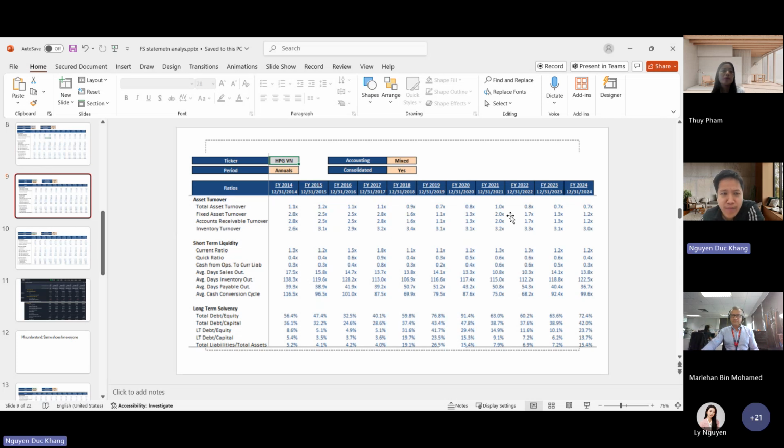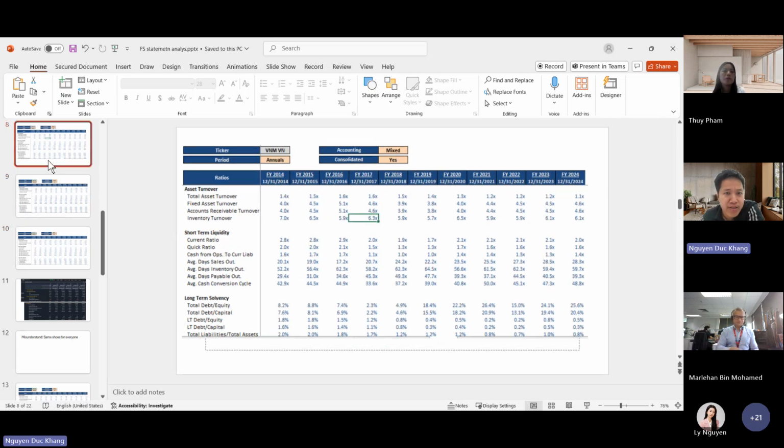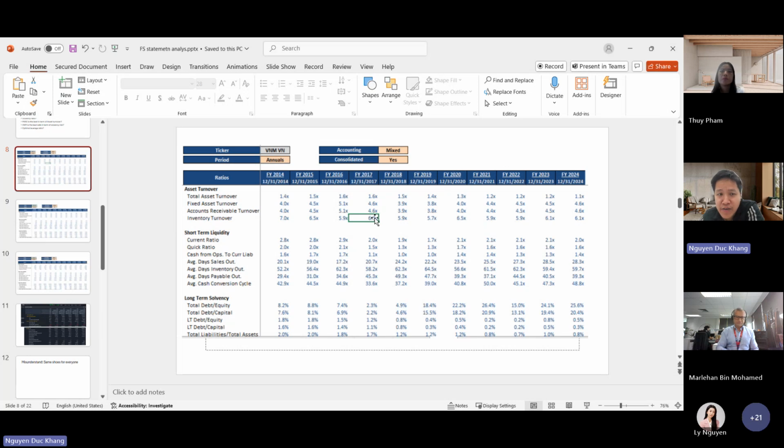And for a company like Vinamilk, you can see that they have increasing inventory turnover, and their accounts receivable is also very quick in terms of industry standard. It's only nearly 4.5 times a year. So it's like more than 2 months before they get the money paid for their goods.